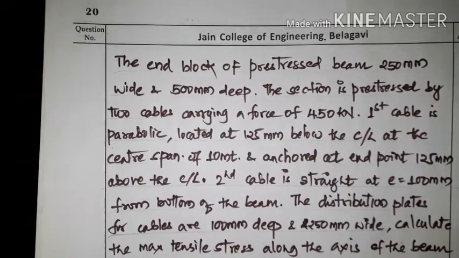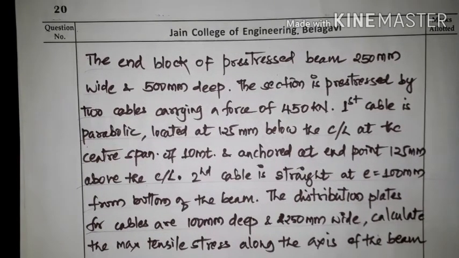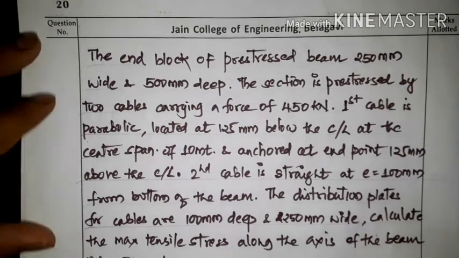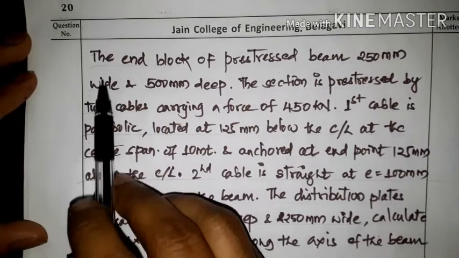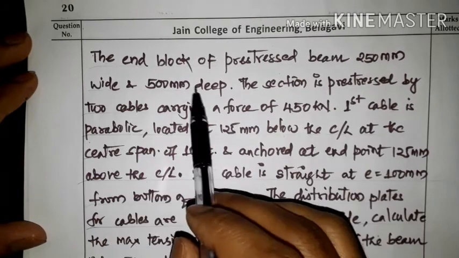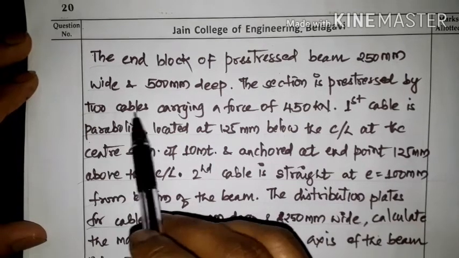so now we'll solve one more problem, okay, with a cable profile, change in cable profile. Okay, so it is given like the end block of pre-stressed beam 250 mm wide and 500 mm deep. The section is pre-stressed by 2 cables.